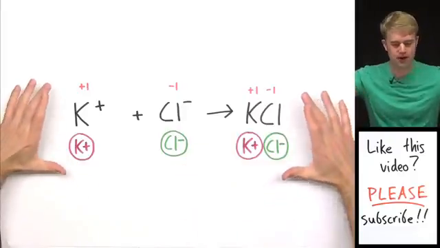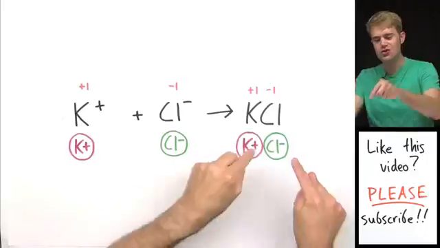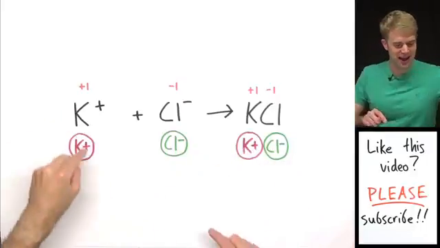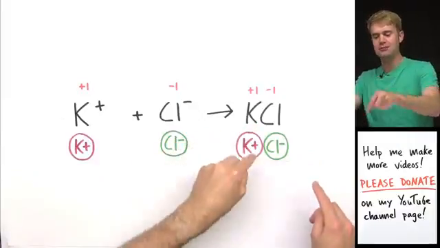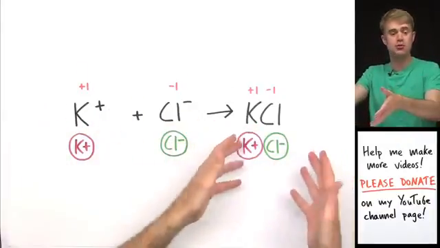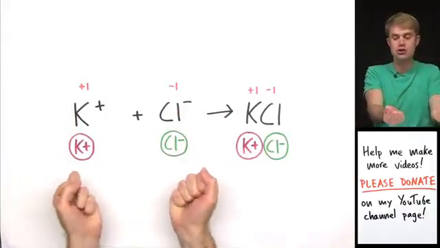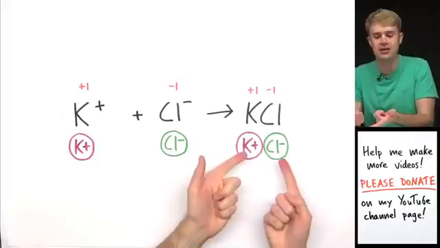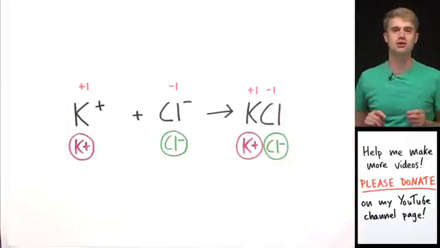So the point of this equation here is that the charges don't change. K and Cl start out plus and minus, and they end plus and minus. There's no transfer of electrons that takes place. The only thing that happens is two atoms that started out charged end up sticking together. That's the only thing that's going on in this equation.